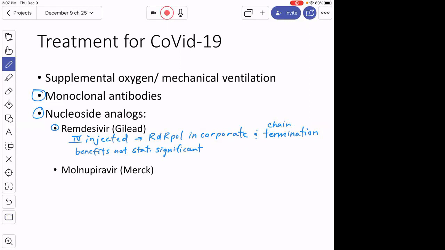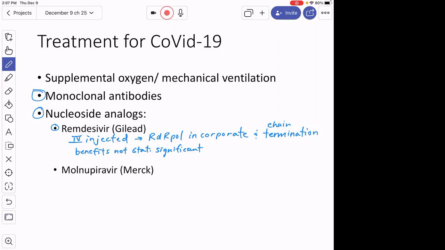The new one that the FDA is on the brink of recommending is molnupiravir. So this is a nucleoside analog, but it works in a little bit different way.